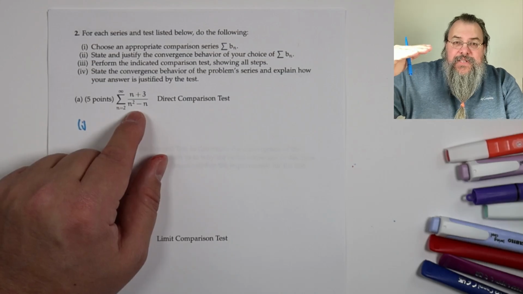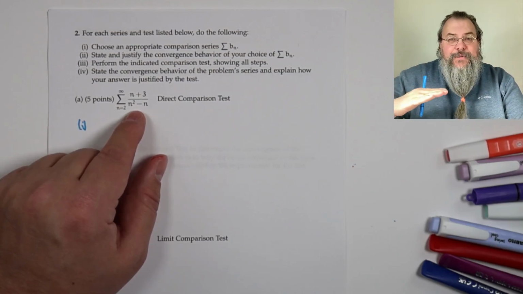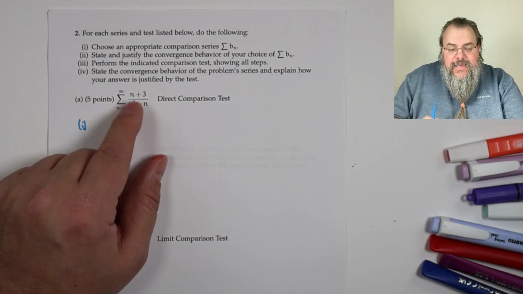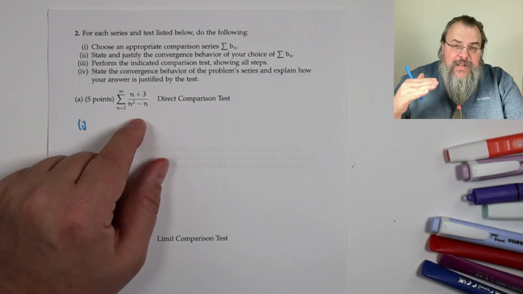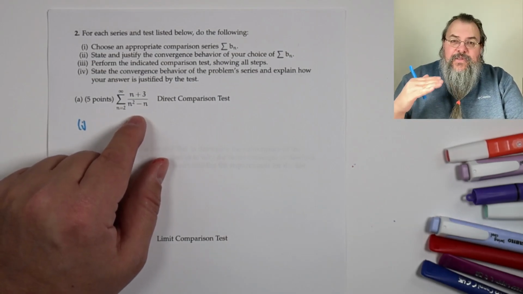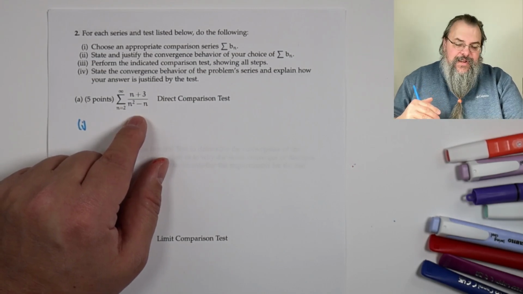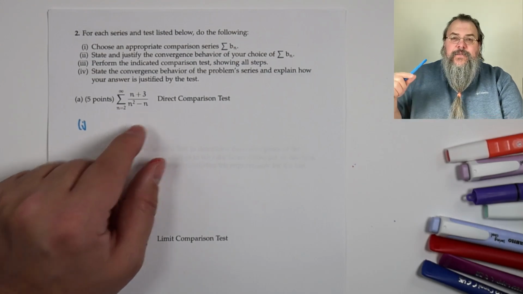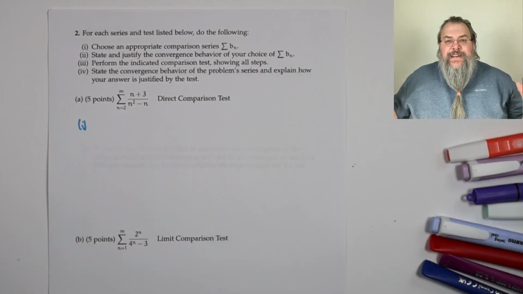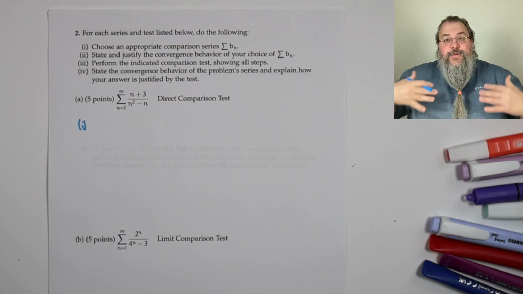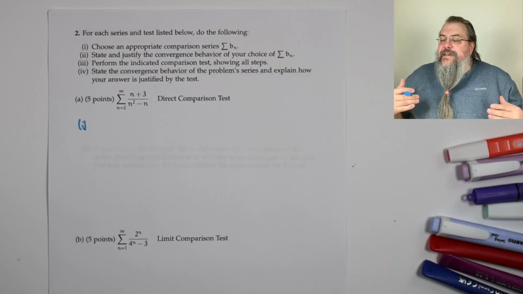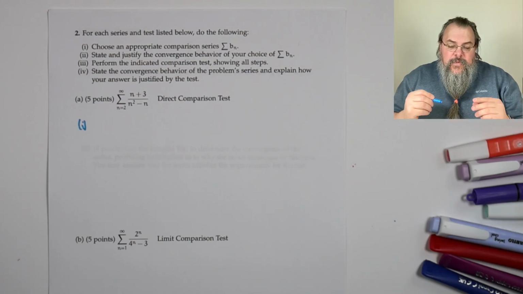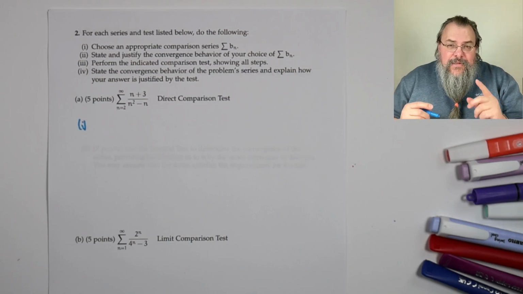If I think it's something which diverges, I want to get something below it which diverges. So I said, I think it looks like 1 over n. So I said, okay, I want to get something that kind of feels like 1 over n that's below this. This is weird to talk about because it's like I'm doing the problem before I do the problem. But it's one of those things that happens. And so I say, can I make this bigger than 1 over n?